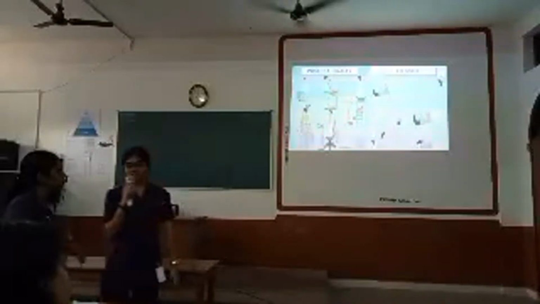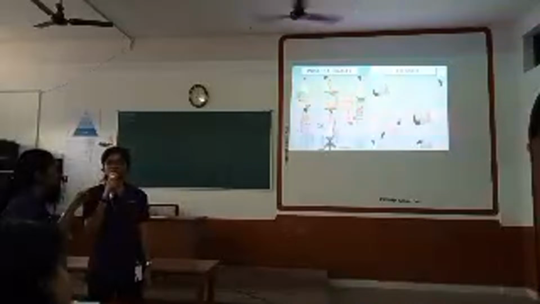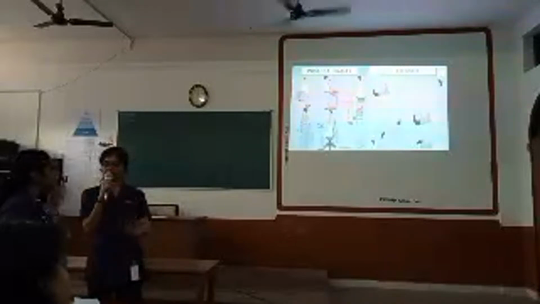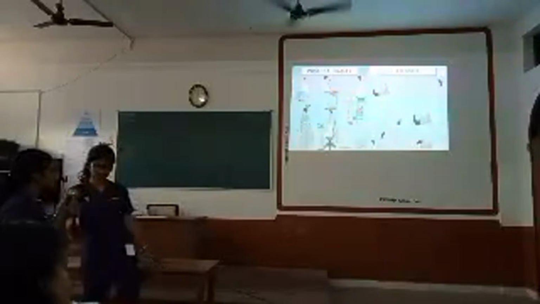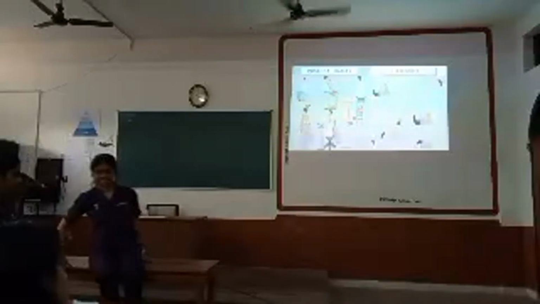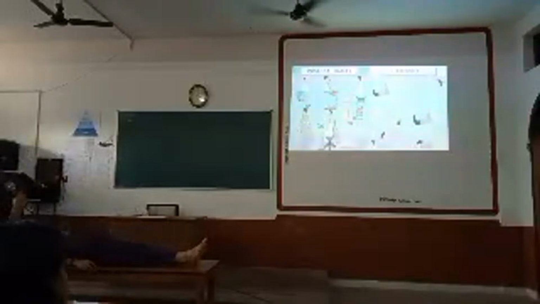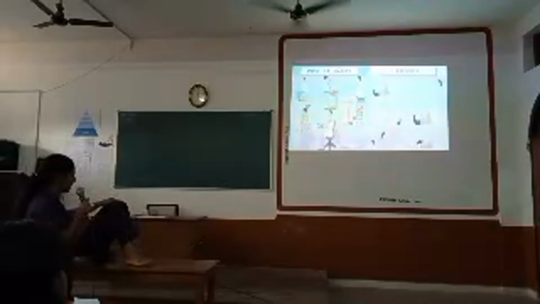So the first one is pelvic tilt. It's very similar to Setubandhasana, but a slight change is there. In this first shot, which is pelvic tilt, ask the patient to lie in supine position, with the knees bent slightly.